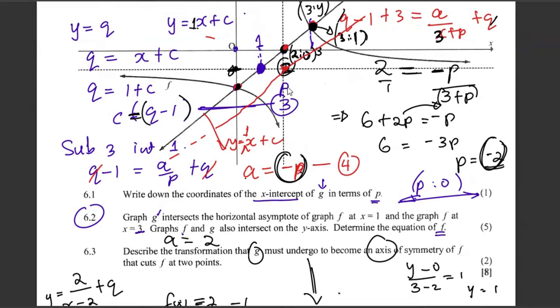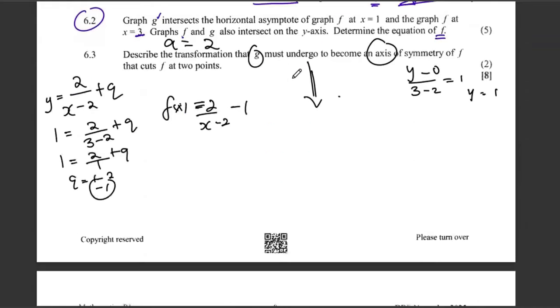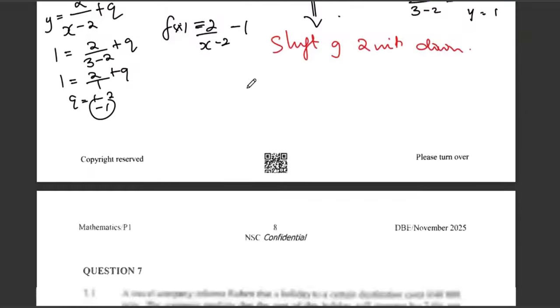So if this point that we found was a 2, and then this is a 0, the graph needs to shift 2 units down. So we are saying shift G 2 units down. So that is the transformation that must take place.